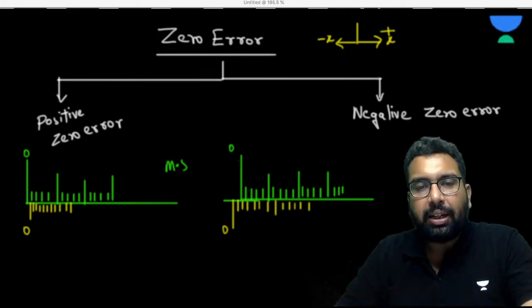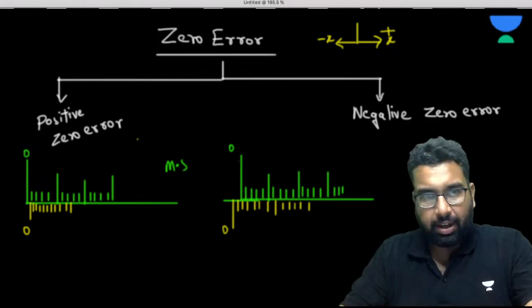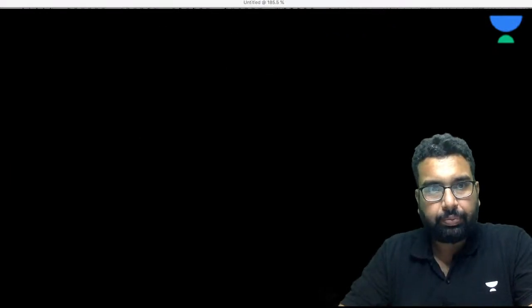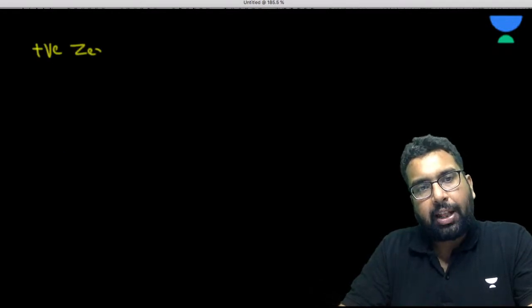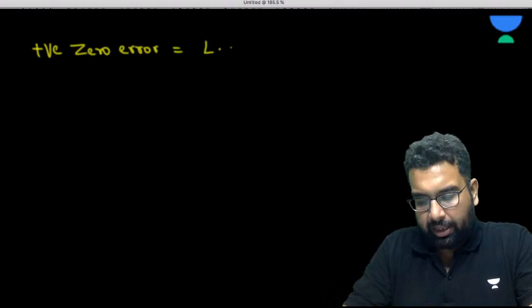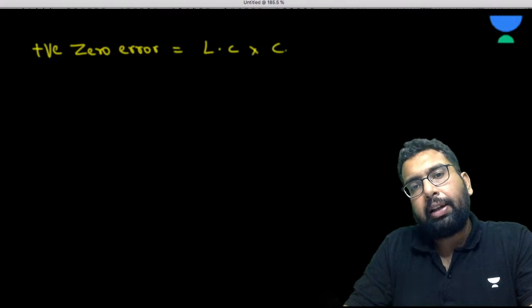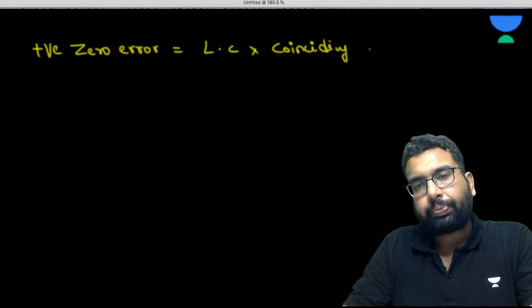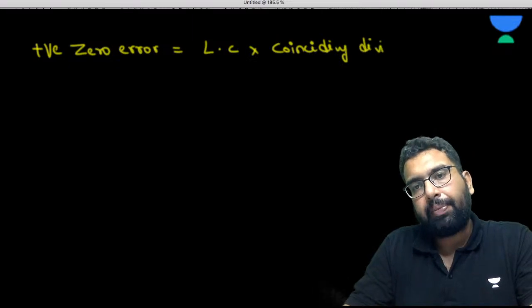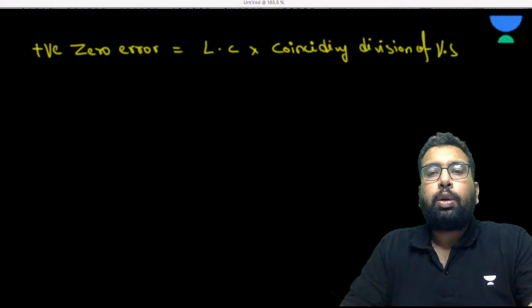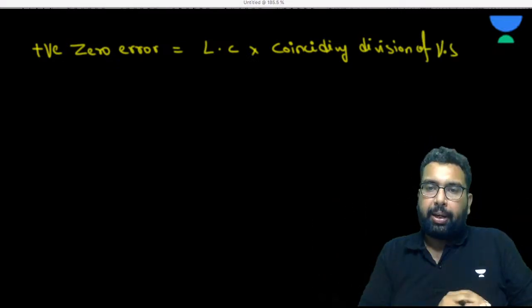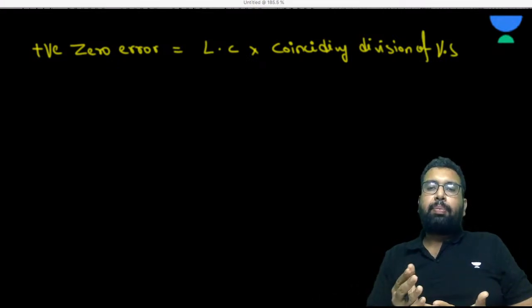And how are we going to get the zero error? It is very simple. We just have to use one formula. Whether it is positive zero error, it is going to be least count into... First of all, these zero errors are to be calculated before measurement, not after measurement.